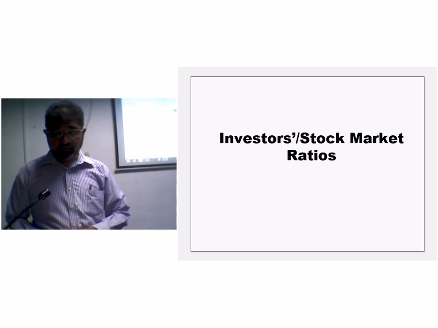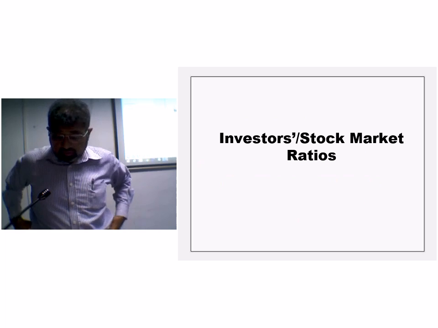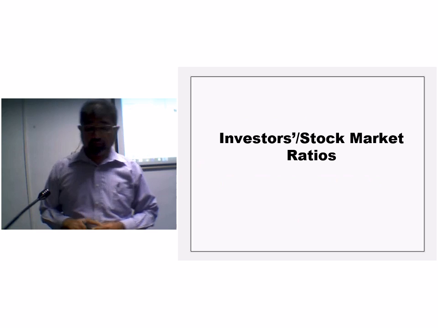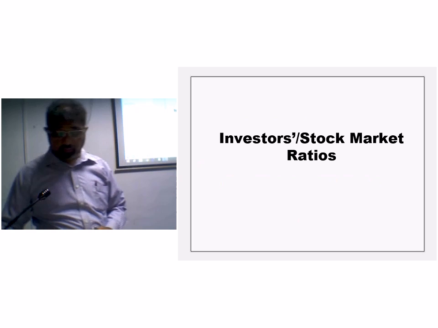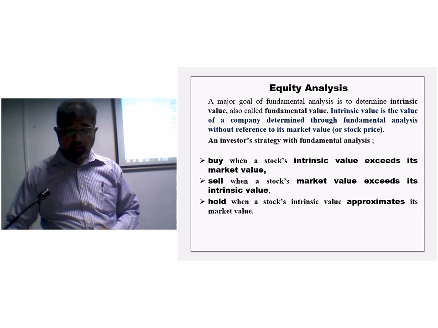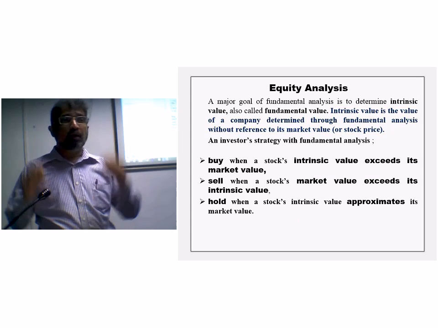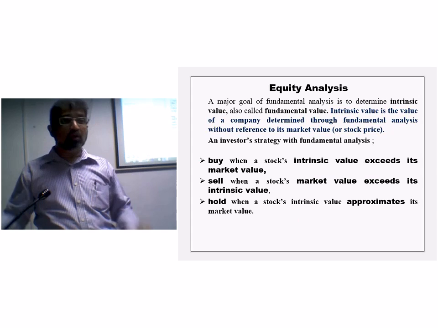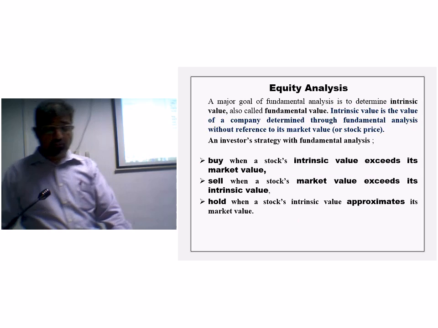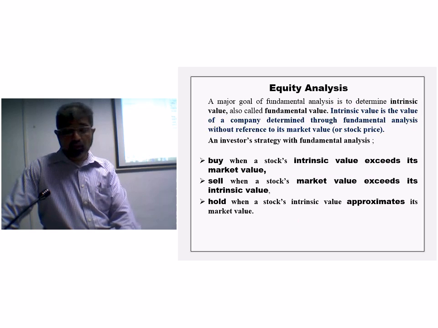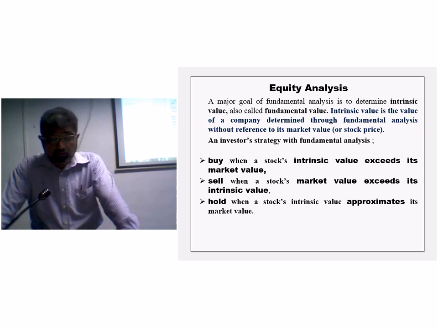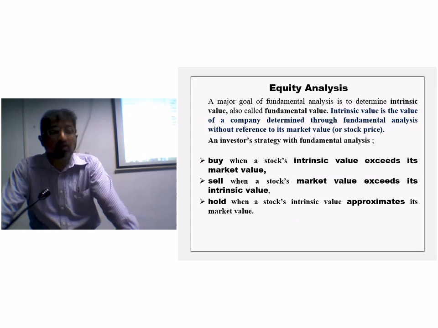Final category is investors ratios or the market ratios, right? This is very much popular among the investors. Now investors should make decisions about three important decisions. One is buy when stock intrinsic value exceeds its market value.